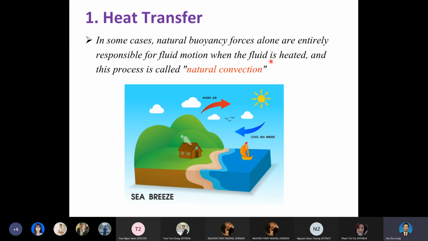We call this a natural process. It means the particles move by buoyancy force, not by external means. So we call this natural convection.